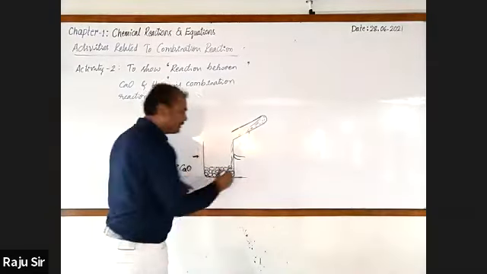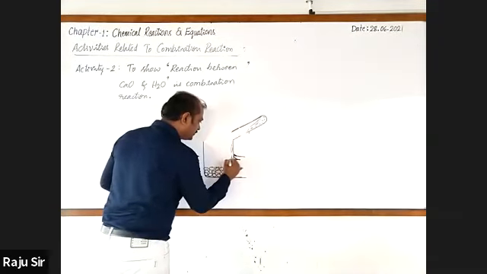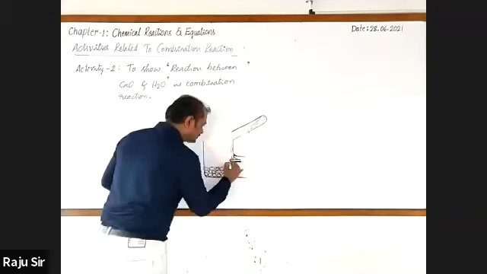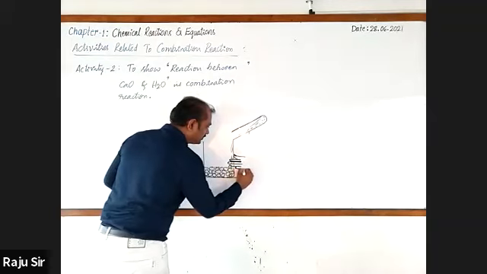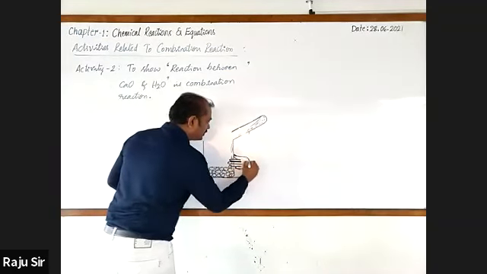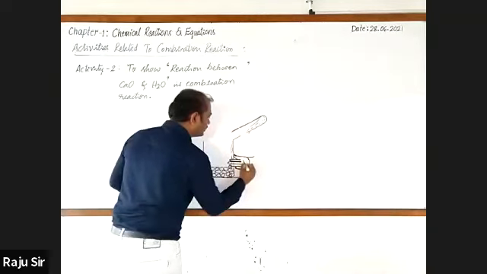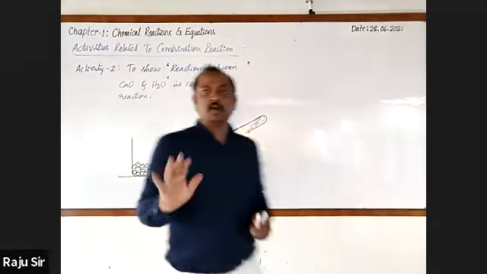This is the thumb, this is the forefinger, then this is the middle finger, this is the ring finger, then this is the small finger. You feel it is hot.